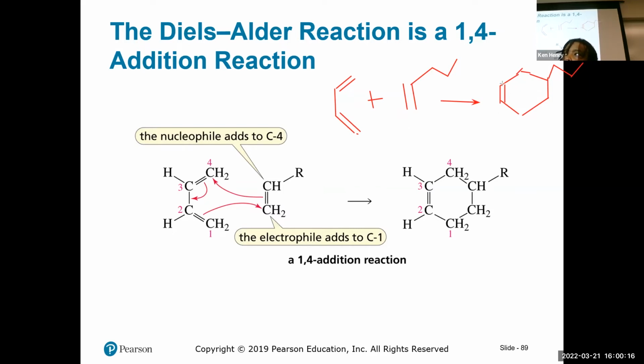Okay, or 1. Okay. 2, 3, 4. Yeah. 1, 2, 3, 4. So yes. So it would be 4-propyl, 1-cyclohexane. Yeah. It kind of worked out perfectly both ways, didn't it?